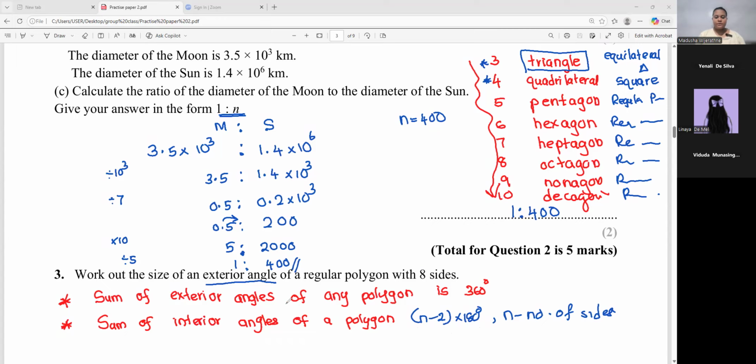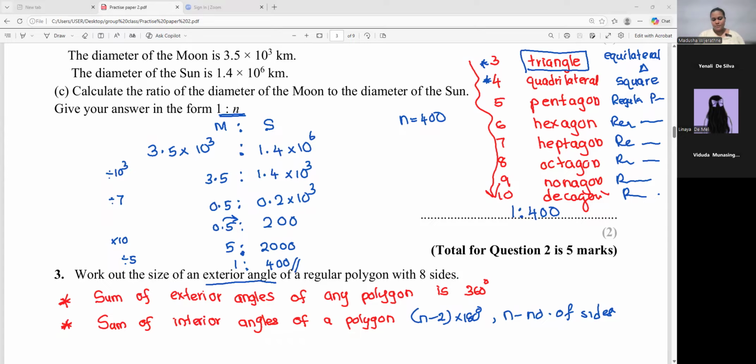Now this is about exterior angles. We need this 360 value, and we should know this. The number of sides, the value of n, is given as 8. Since all of these exterior and interior angles are the same, we can find one exterior angle.